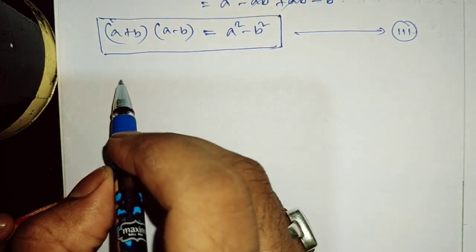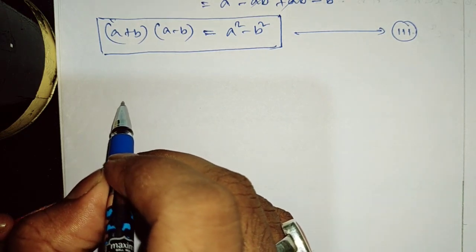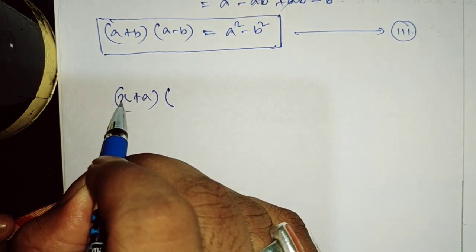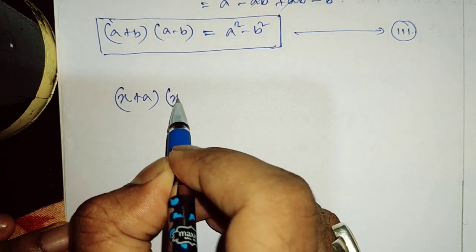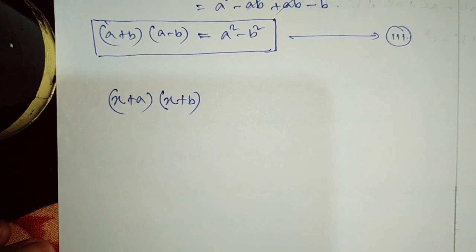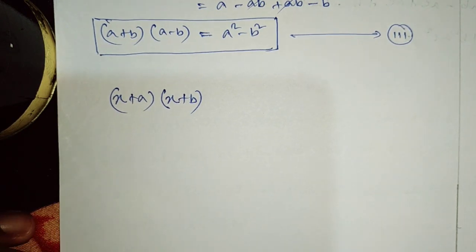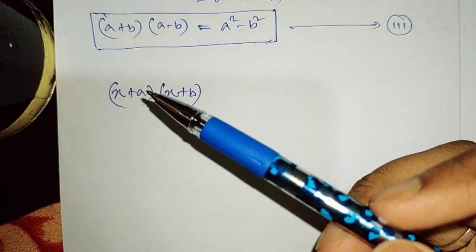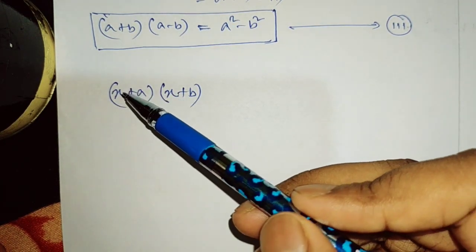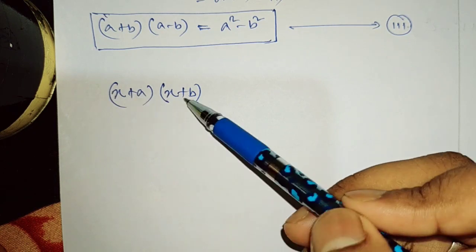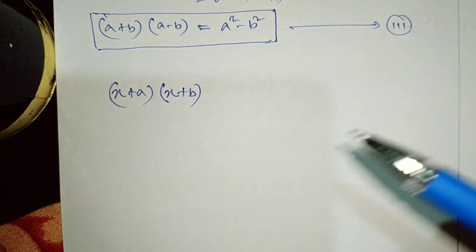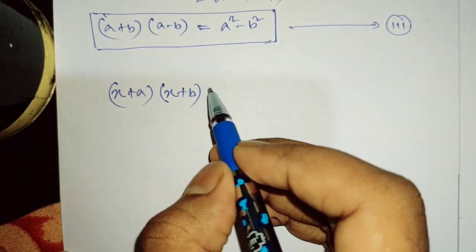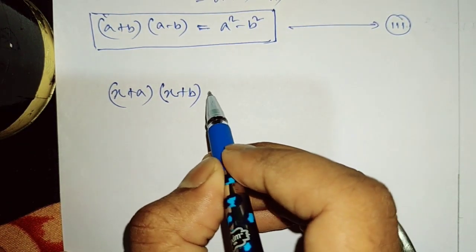So what if we have an expression like x plus a into x plus b? In both the expressions our first terms are the same but the second terms are different. So in that case, what will be our formula and how is that formula derived?